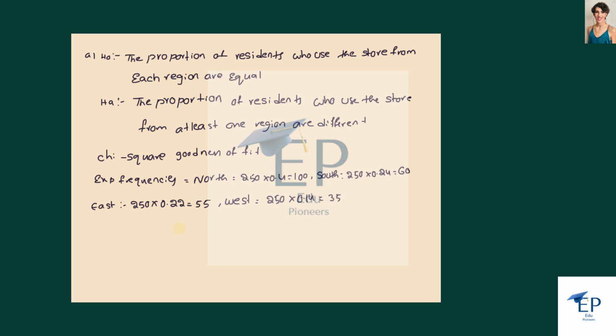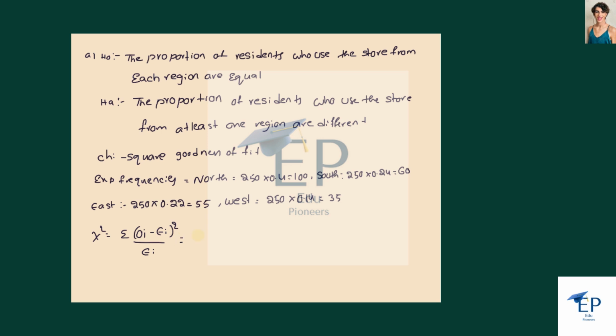Then the calculated test statistic is, the formula is chi-square is equal to summation of observed minus expected frequency whole square divided by expected frequency.